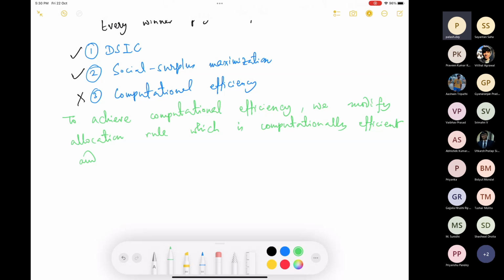That means it approximately maximizes social surplus.